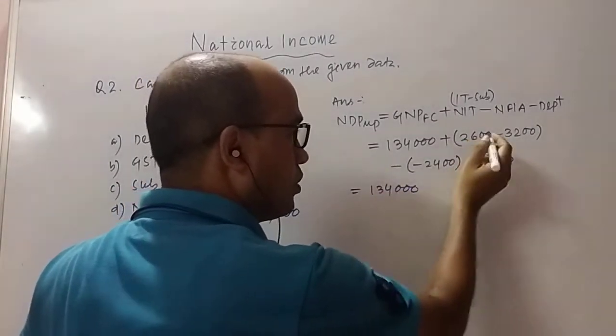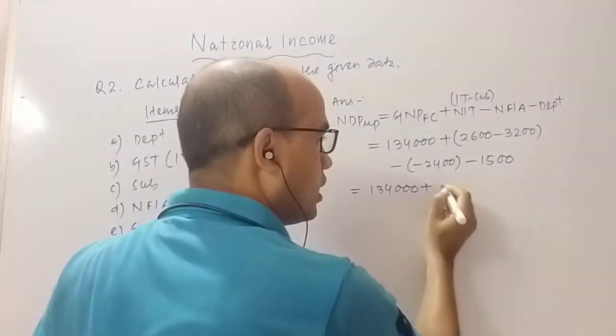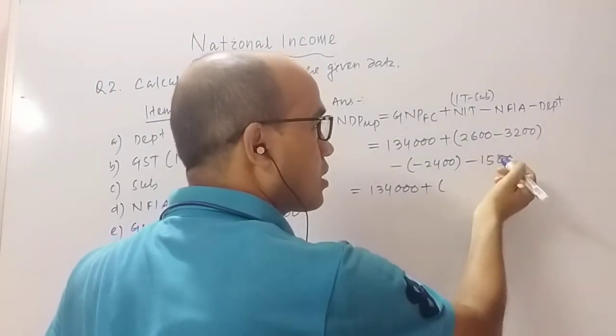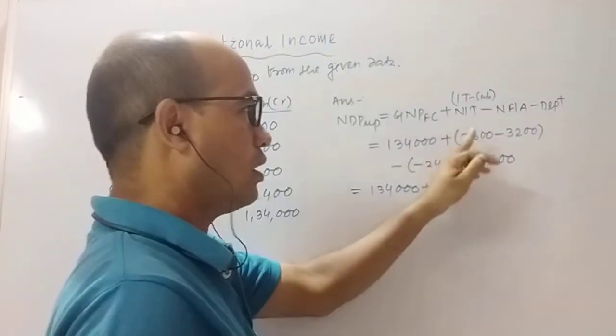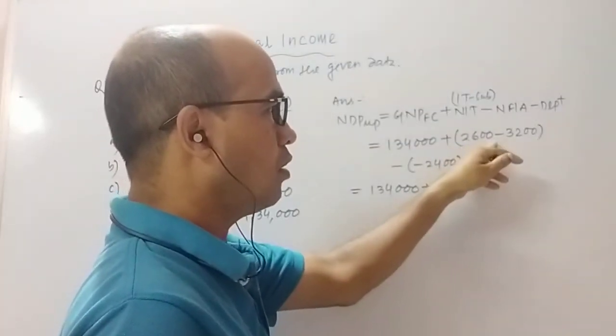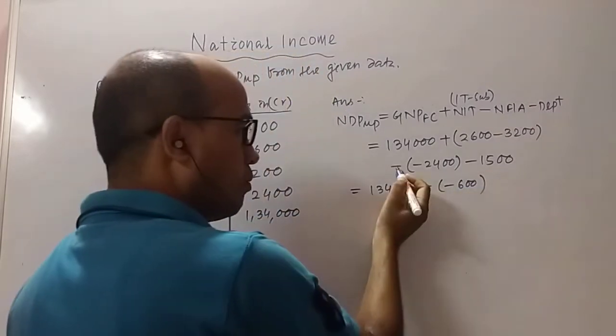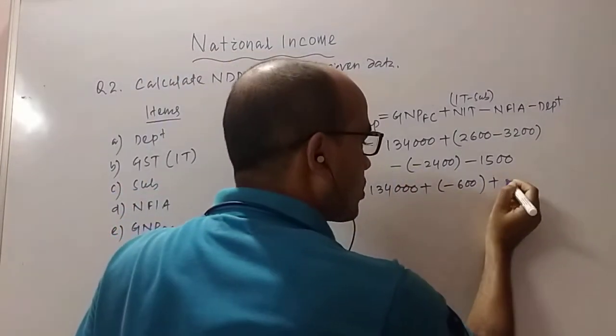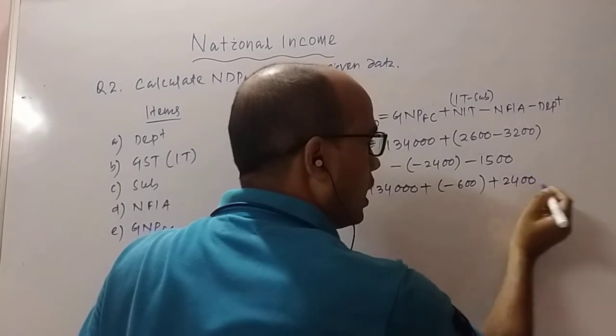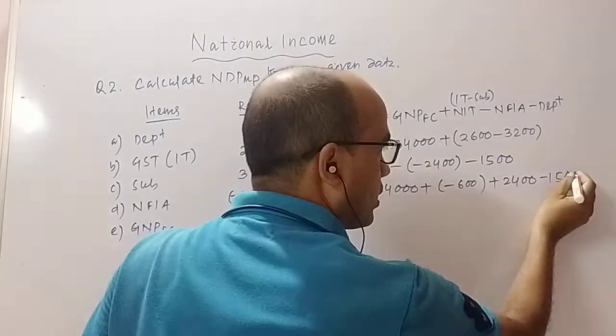If you deduct this from 1,34,000, you are getting minus 600, that is 26 minus 32, minus 600. And here minus into minus is plus 2400, and after that minus 1500.